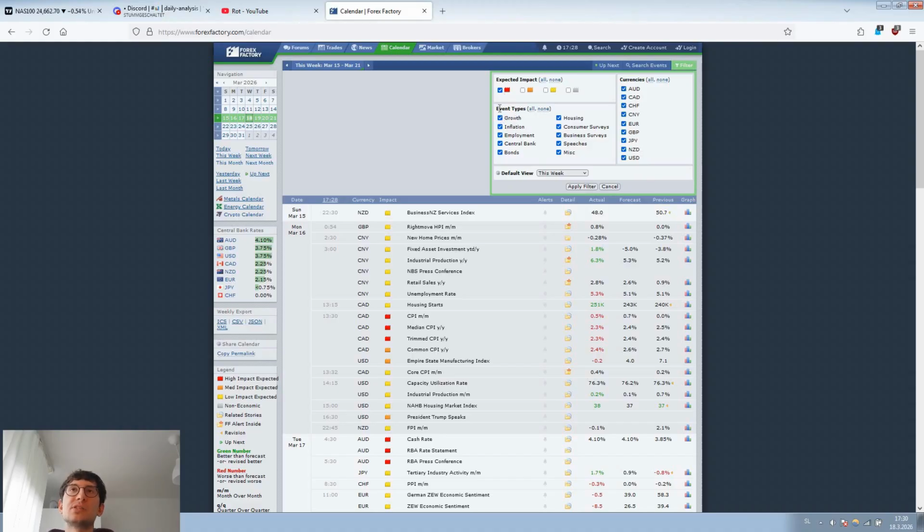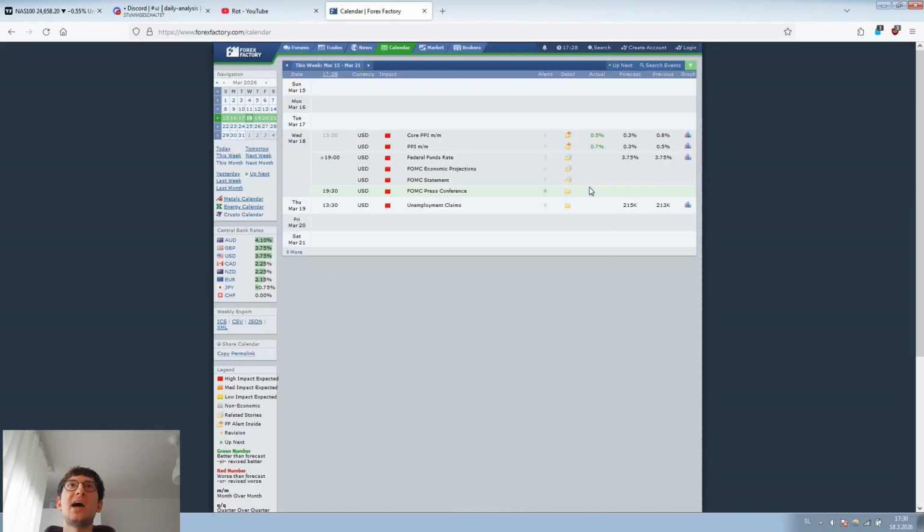In event types, you leave everything as it is, and then in currencies, you untick everything except United States dollar. Then you click apply filter and you have a clean, reduced list of events that happen during this particular week, okay?